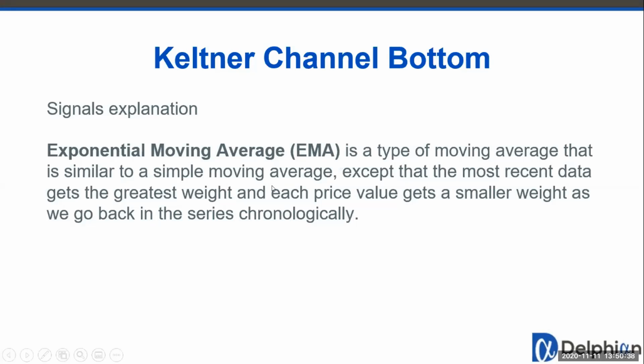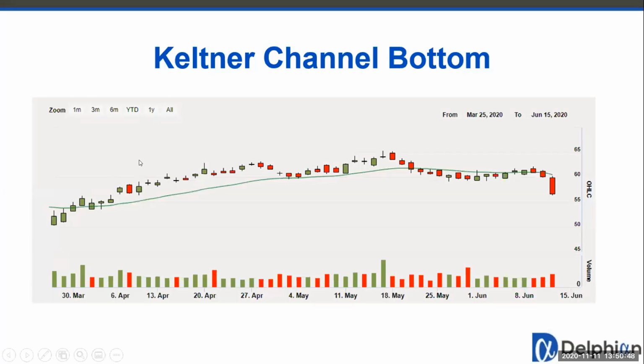So the EMA, it's same as the SMA, except it puts a greater weight on near-term data. So here's just an example of a 20-day EMA. And a lot of people use these as support and resistance type things. The big one that people use is the 200-day SMA as an overall indicator of bullish and bearish trends.